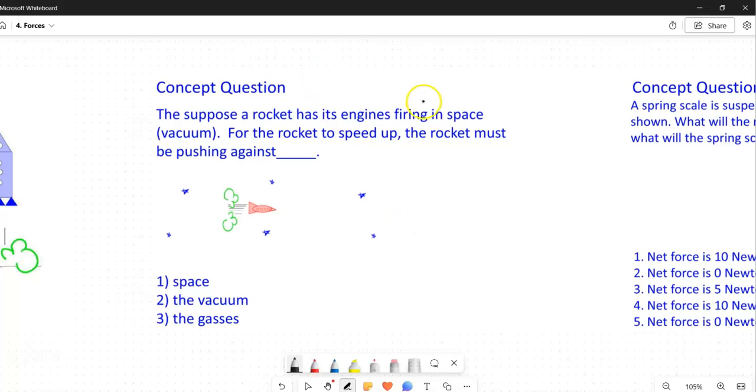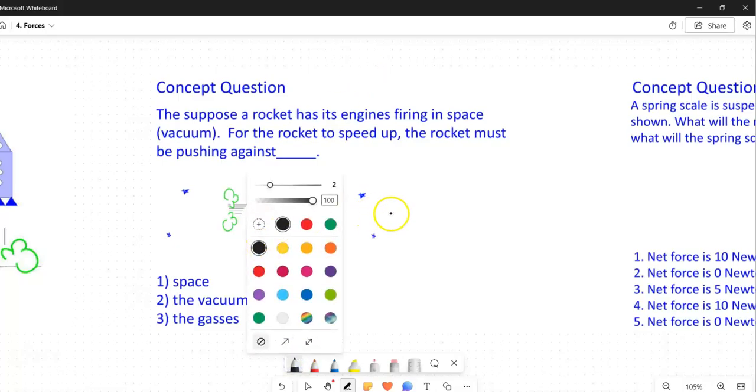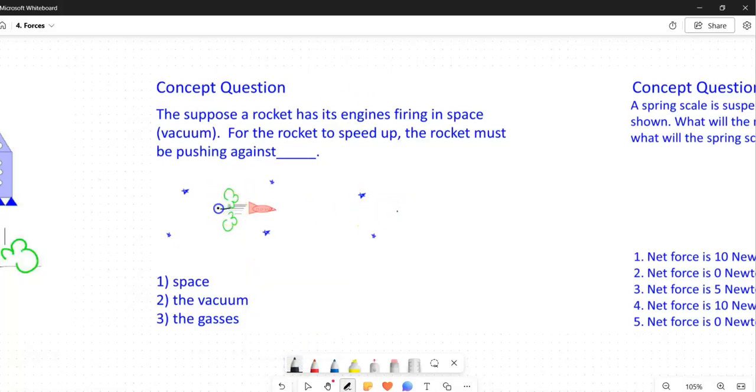Suppose a rocket has its engines firing in the vacuum of space. For the rocket to speed up, must it push against space, the vacuum, or the gases? Try pausing the video now. Again, for the rocket to accelerate, it's got to push a force on those gases. And when it does that, the gases will then push with the same force on the rocket.